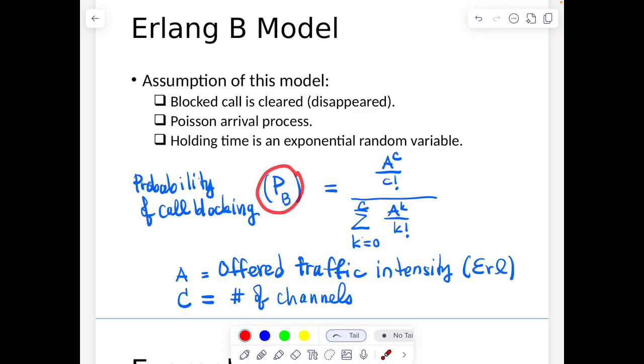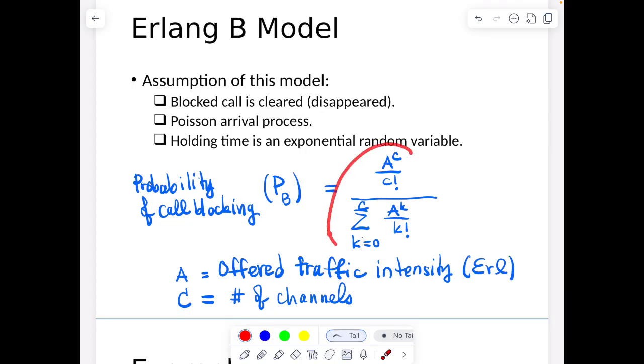So we use PB for blocking probability. So PB will range from 0 to 1. 0 means 0%, right? Never going to be blocked. 1 means the call will be blocked for sure. So you want PB to be as low as possible, right? The lower PB is, the happier the customer is going to be.